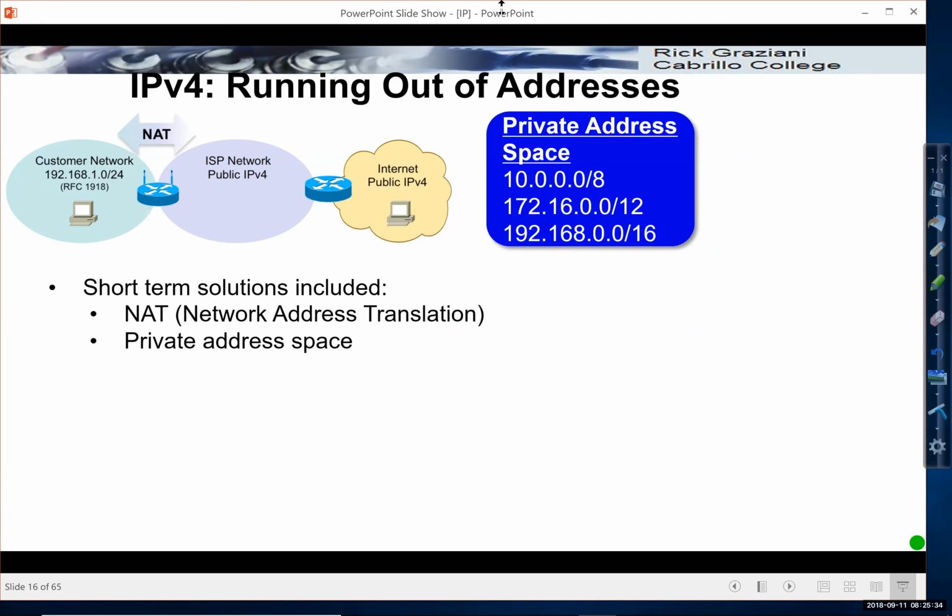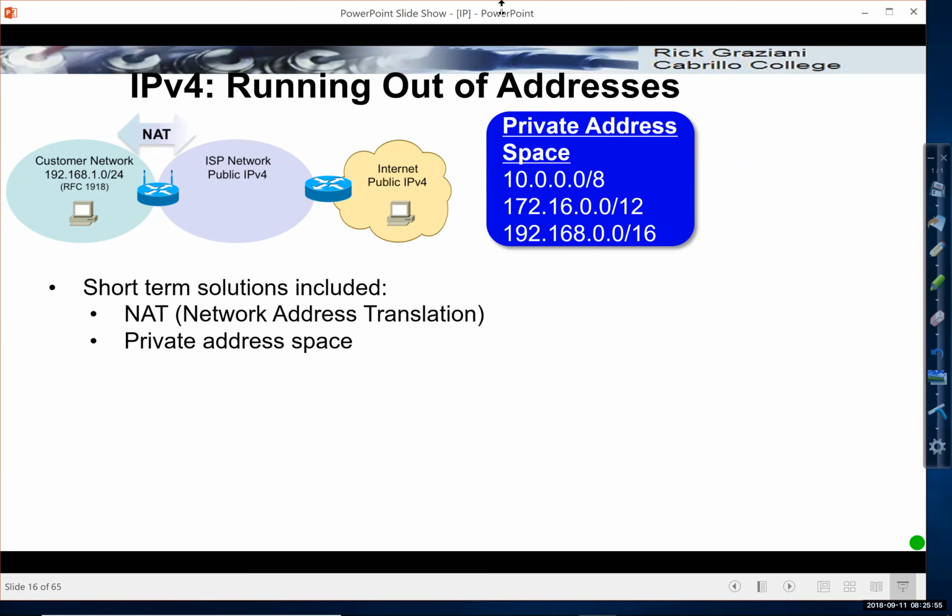I'll talk about these in a later video, but together, this is really what has saved IPv4 and kept us from transitioning to IPv6 sooner than we probably should have.